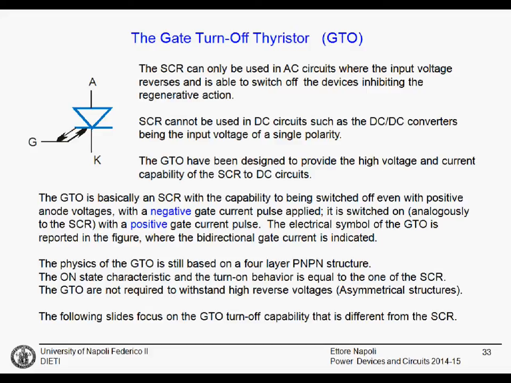The on-state characteristics and the turn-on behavior are similar to those of the SCR, taking into account that there can be differences in the latching current or holding current in terms of absolute values.